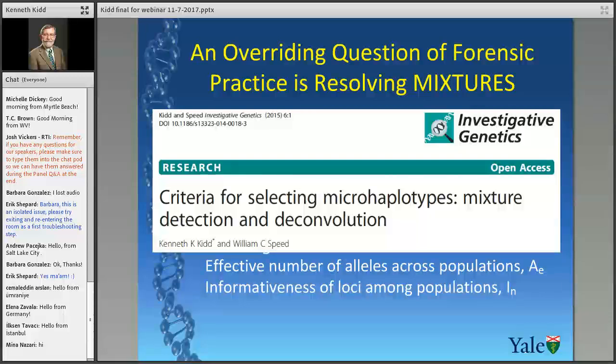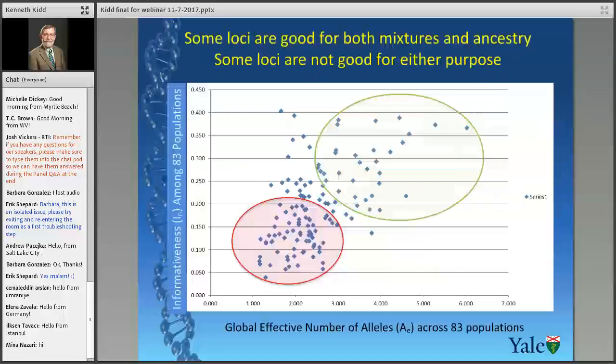So, very interested in the question of mixtures. And we showed that 2 values, the effective number of alleles, which I showed in ranking, and the informativeness among populations, were good statistics to use.